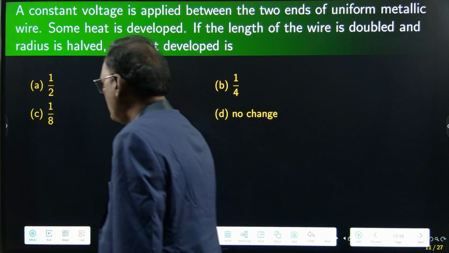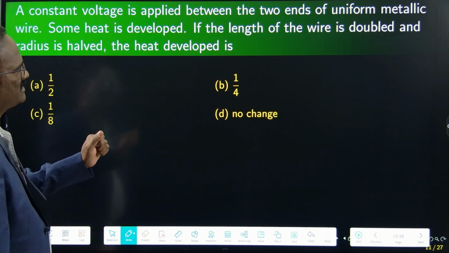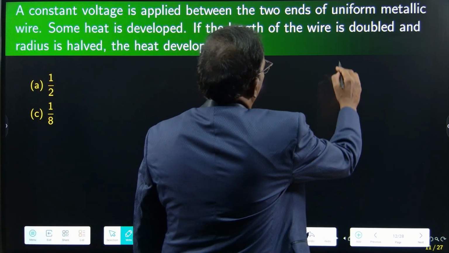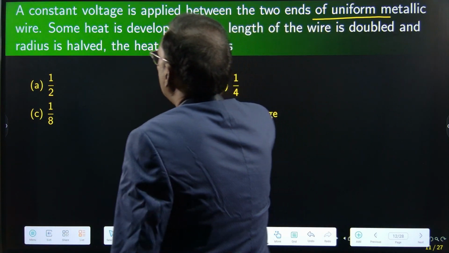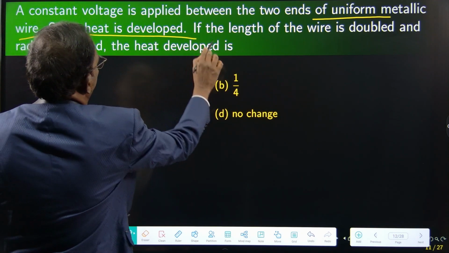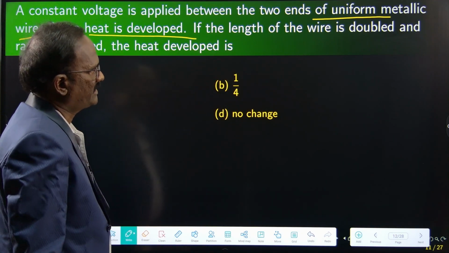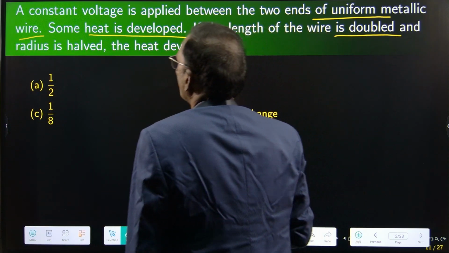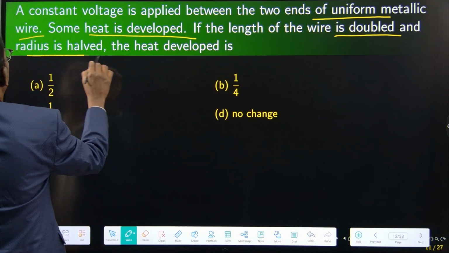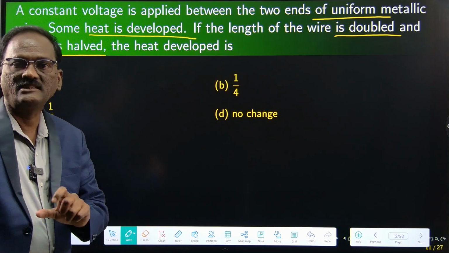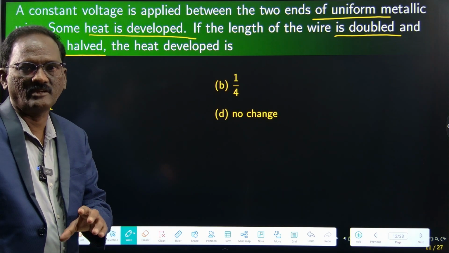Right. A constant voltage is applied between the two ends of a uniform metallic wire. Some heat is developed. If the length of the wire is doubled and the radius is halved, the heat developed is? If we change the length and the radius of the conductor, what will happen to the heat?